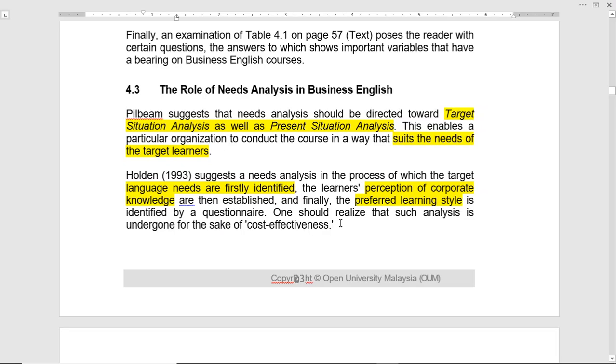Then the preferred learning style should also be examined through a questionnaire for the needs analysis. What is the target? What is the existing knowledge? And their preferred learning style. Three things.